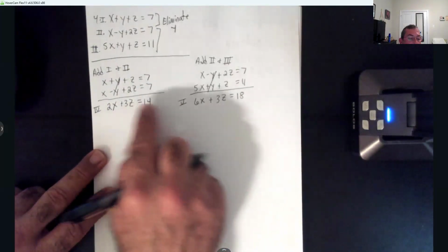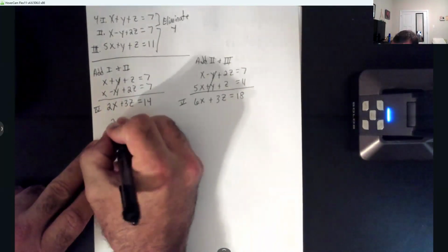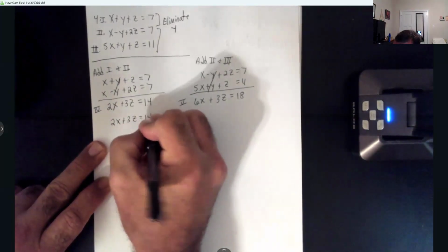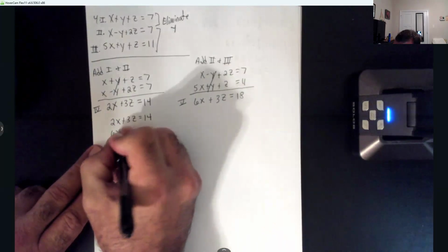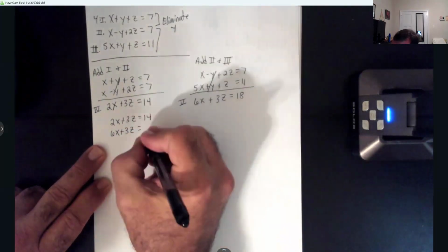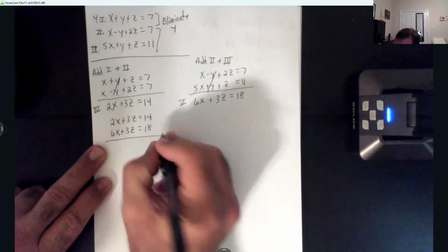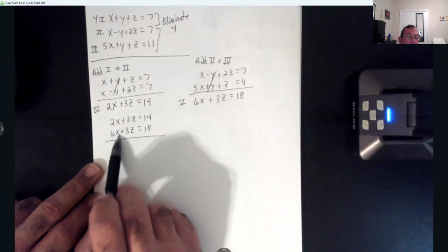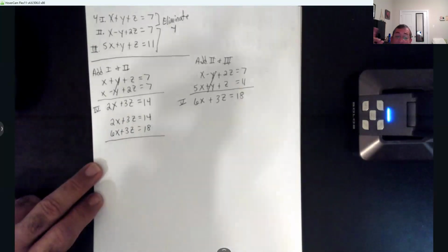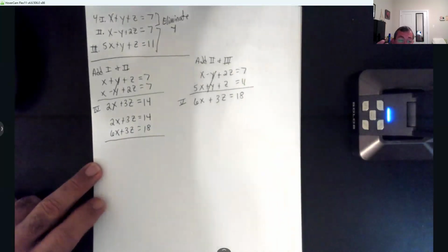But now we're going to put 4 and 5 together and eliminate one of these variables. And that equaled 18. All right, so now we got 4 and 5 together. So really on this one, you can go 2 ways.